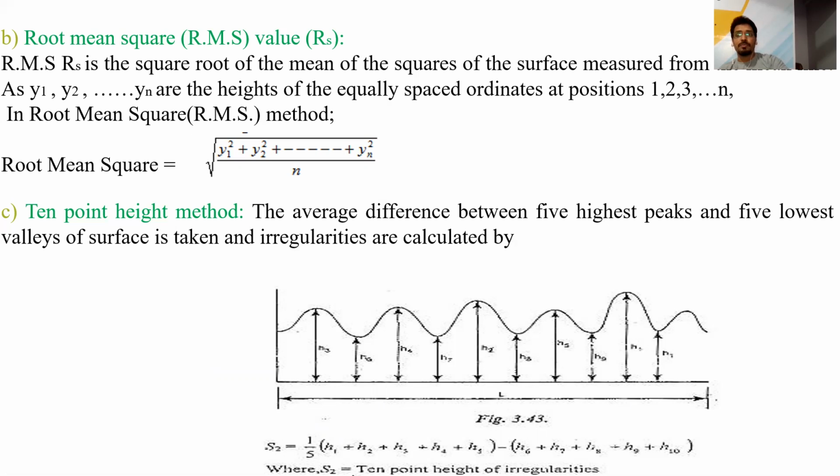It is 11% more than the CLA value. So the RMS value is more sensitive to peaks and valleys than the center line average value, because we have squared each ordinate value.